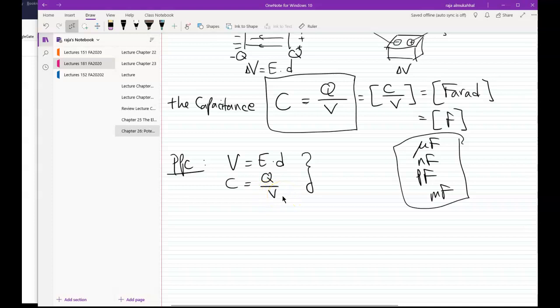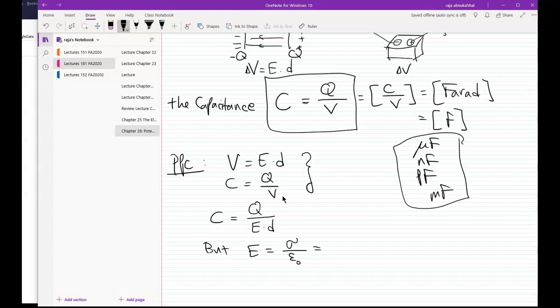So I'm going to get the capacitance to be equal to Q over E times D. Okay? However, we know that E for the capacitor, if you remember, is sigma over epsilon naught. Remember that?